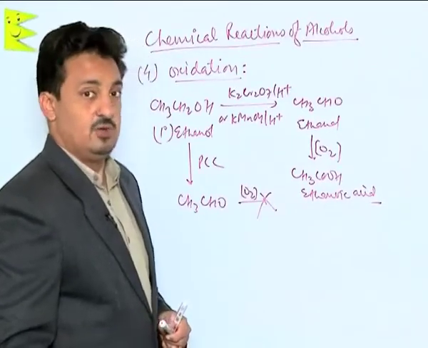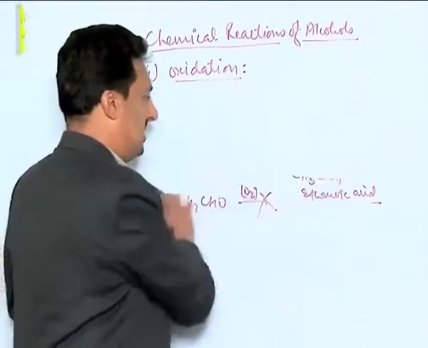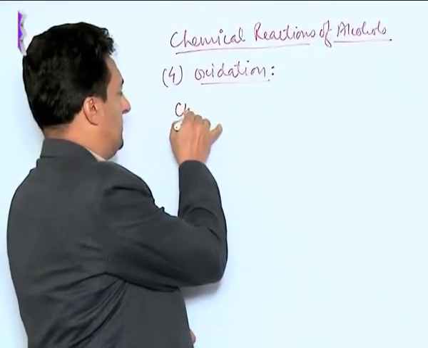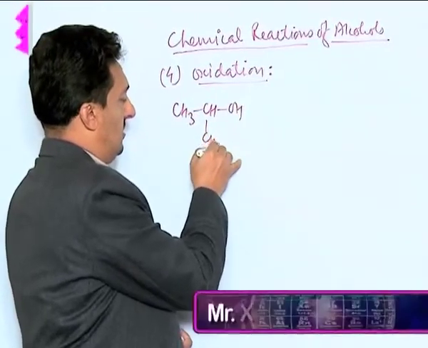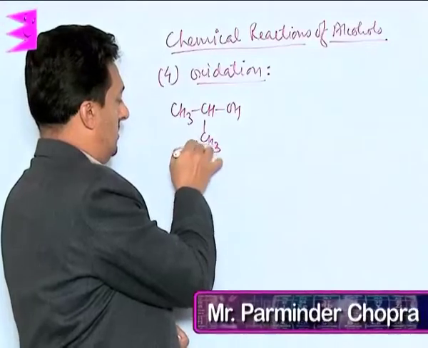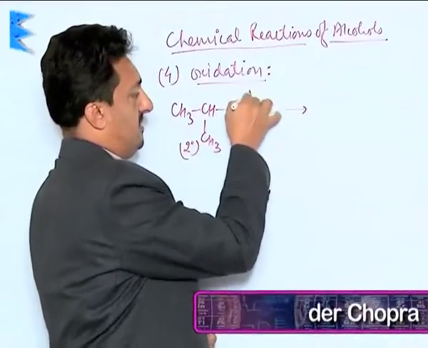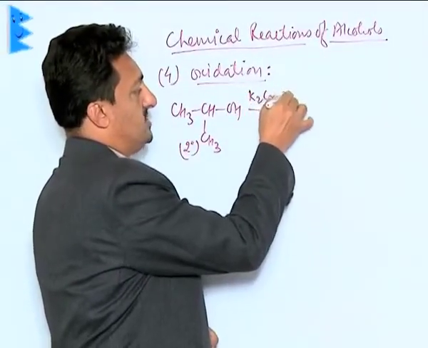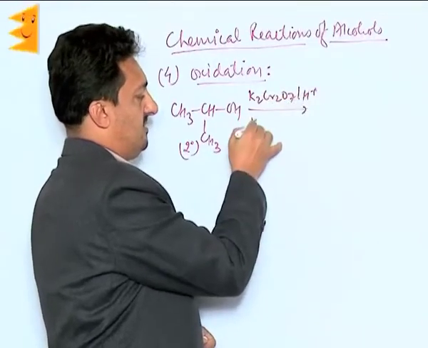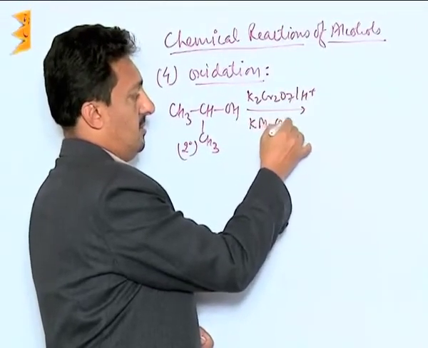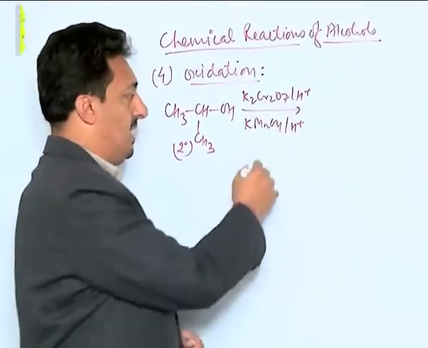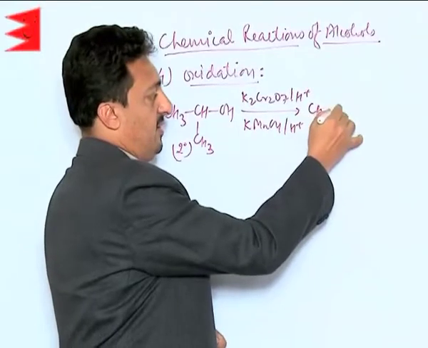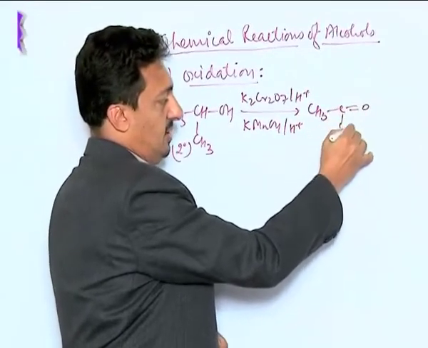Let us take now ketones, secondary alcohols, how we get ketones out of that. Now let us see how a secondary alcohol is oxidized. If we are using the same strong oxidizing agents like K2Cr2O7 in acidic medium, KMnO4 in acidic medium, the first thing which we get is a ketone out of it.